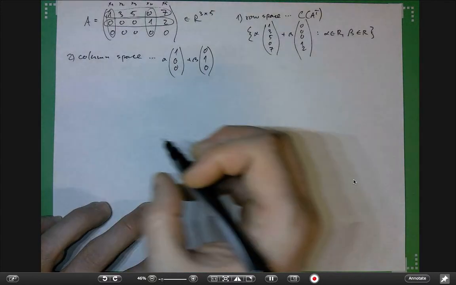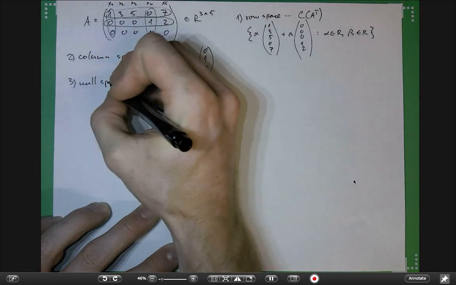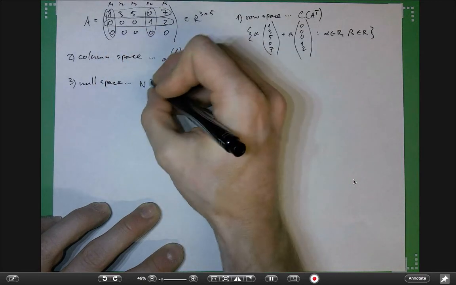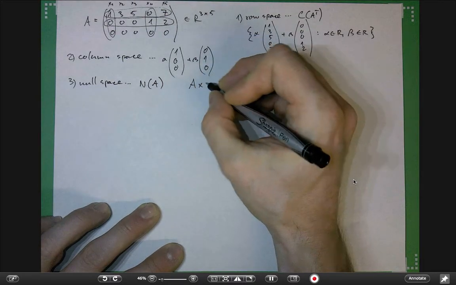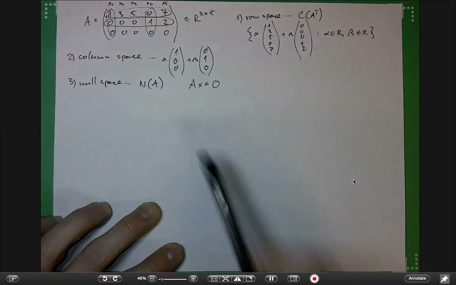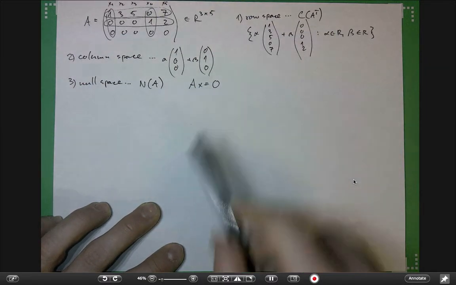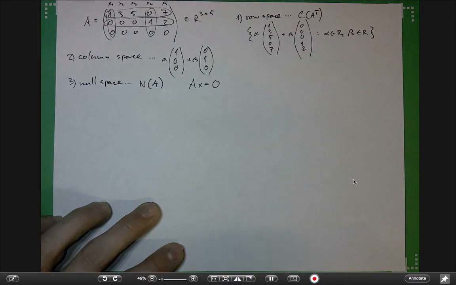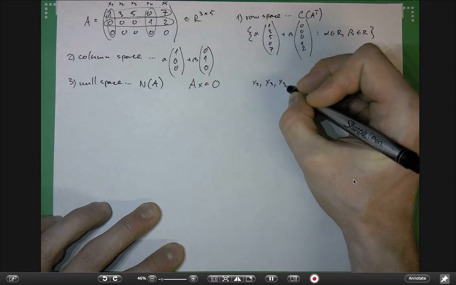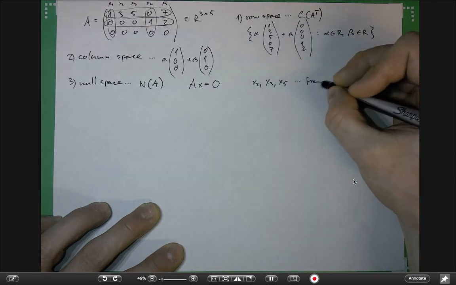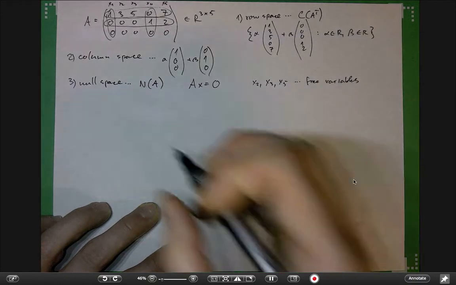Now, how about the null space, which is N(A)? So that means I need to solve this equation. I need to find all special solutions to this equation. So if you remember from Friday, the way I do it is that I have my free variables: x2, x3, and x5 are free variables. And I can choose them in any way I want.